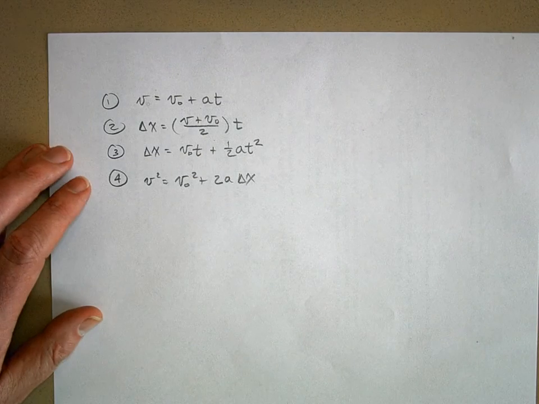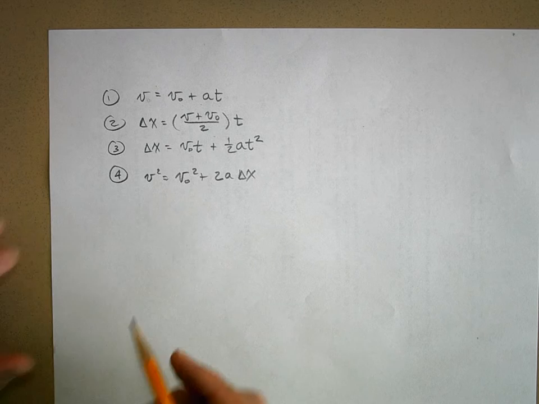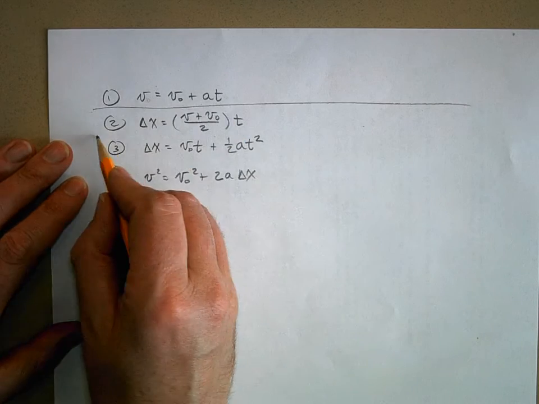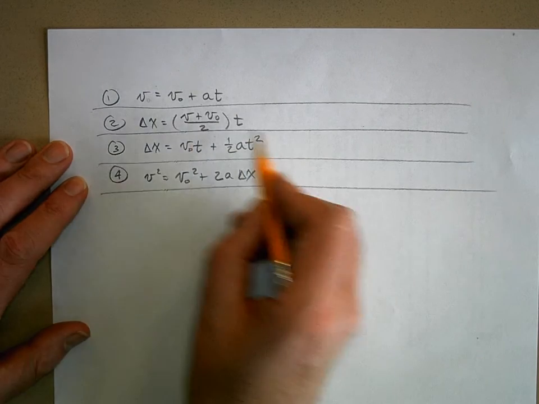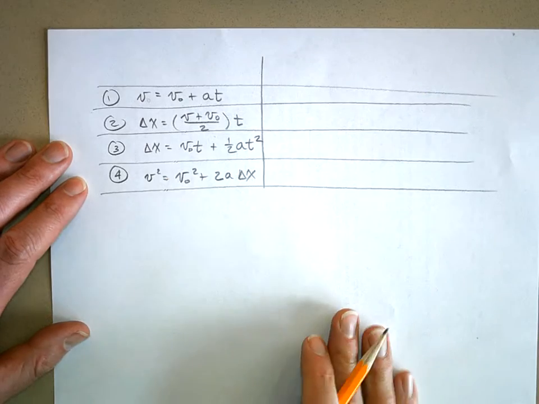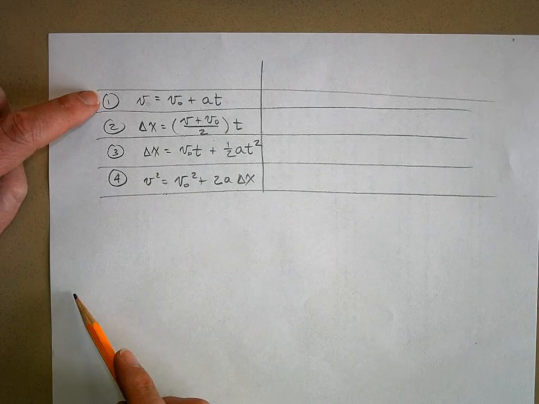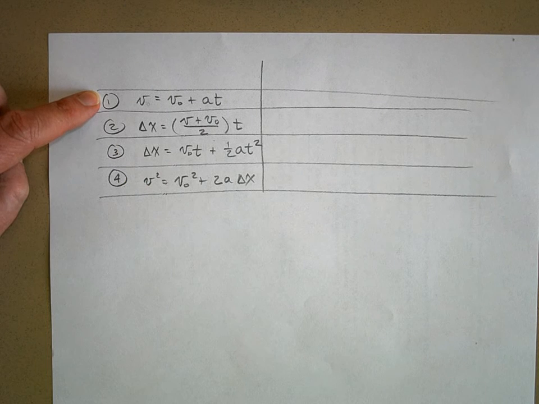Okay? So these are our 4 equations. Now why did I develop them? Well, I'm going to make a little table here, and you can use this table on your equation list to help you solve problems. Now, what quantity is in equations 2, 3, and 4, but it's missing from equation 1?